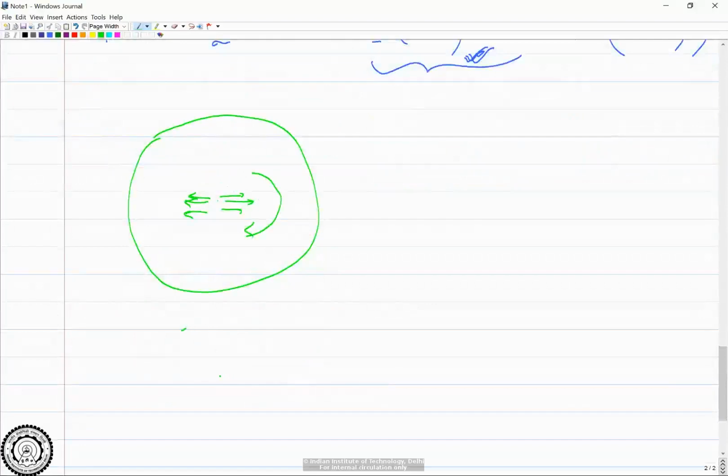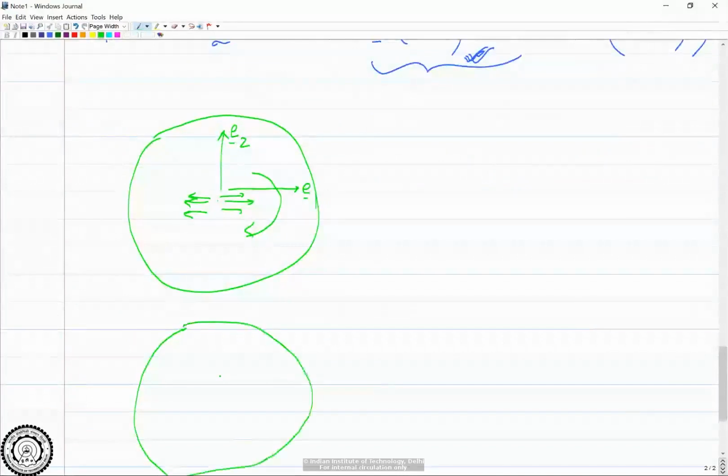So you have, let us say, lines E1 and E2 engraved in the material. So when you rotate it by 90 degrees, E2 comes here and E1 goes here. So this is rotation by 90 degrees.